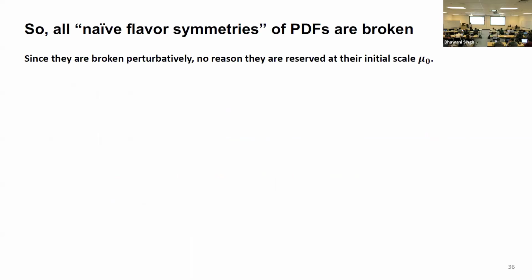And so we conclude that all our naive flavor symmetries of PDFs are broken. And then because they are broken at the perturbative level, there is no reason that they should be preserved by the non-perturbative physics. So at the initial scale mu0, when we parameterize all these PDFs, there is no reason that we should parameterize them in the same way.